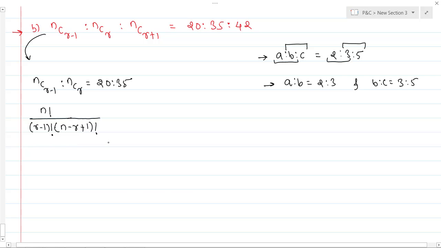So whole divided by, so instead of division I will do multiplication and write in the inverse form. So it is n factorial as it is, divided by r factorial into (n minus r) factorial. Is it okay, everyone? This is equal to 20 by 35.